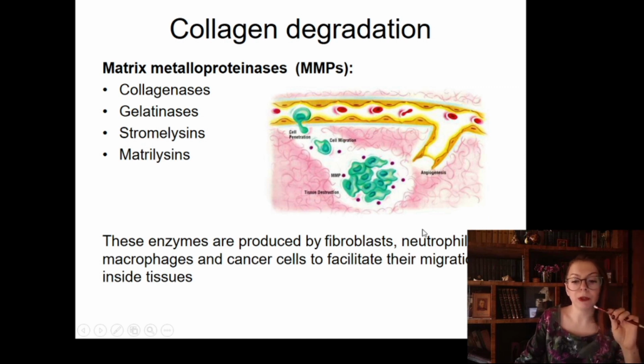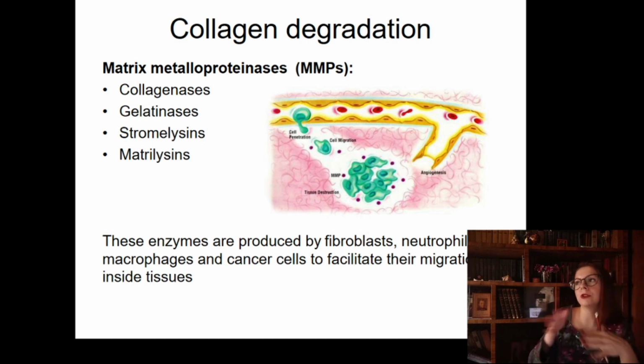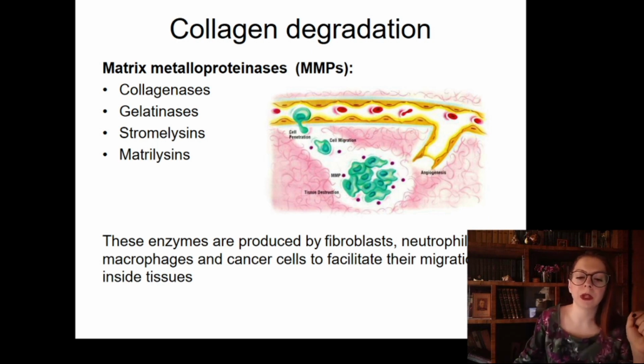And maybe you remember that neutrophils needed those enzymes to migrate inside connective tissue to reach the site of inflammation, because connective tissue is a rather dense substance, and to migrate inside it, collagen fibers need to be cut by some cells. Breaking down collagen facilitates the migration of different cells.